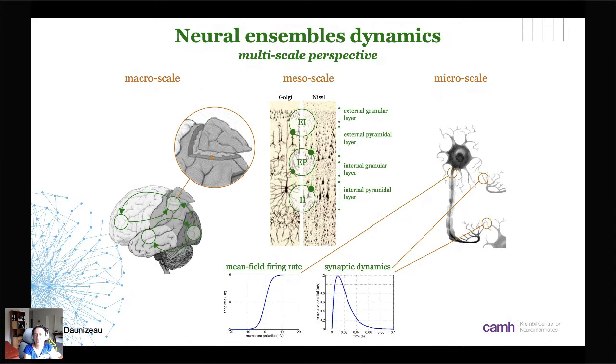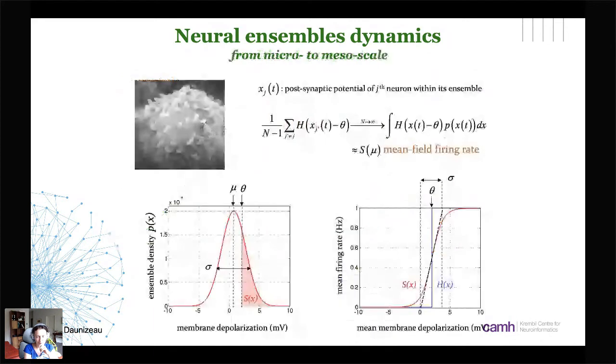We bring that into the mesoscale dynamics of neuronal subpopulations, such as excitatory pyramidal cells and inhibitory interneurons. And you've gotten a bit of the flavor of this on Thursday and Friday from Itai and John's presentations. So this might be kind of an overview of that.